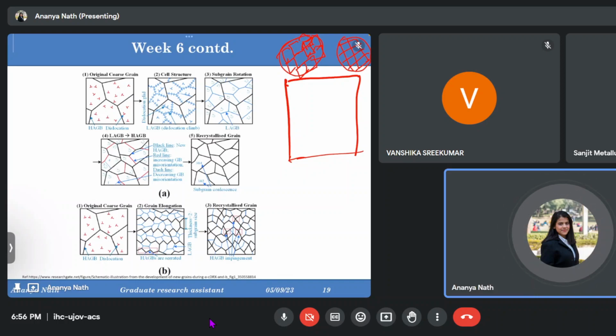For DDRX, it's more like the dislocations are getting piled up at the grain boundaries, and in the grain boundaries they are making some new grains. So there was one theory: if the crystallite has 6 number of edges, then it will try to expand.